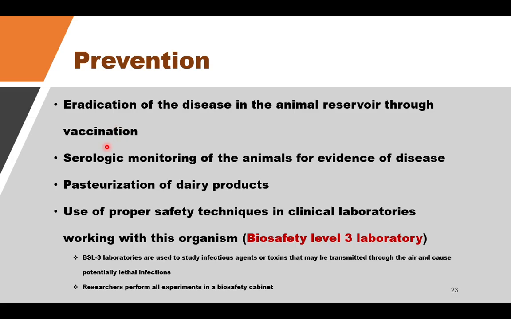Another thing you can do is surveillance through serological monitoring of animals for evidence of disease. And like I said, the countries that are endemic are the ones that don't carry out this surveillance program because you don't have enough government commitment to drive it.